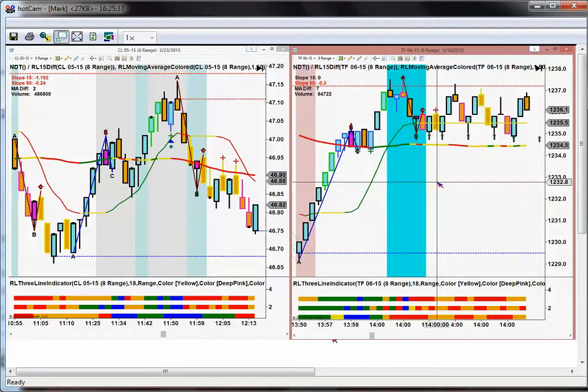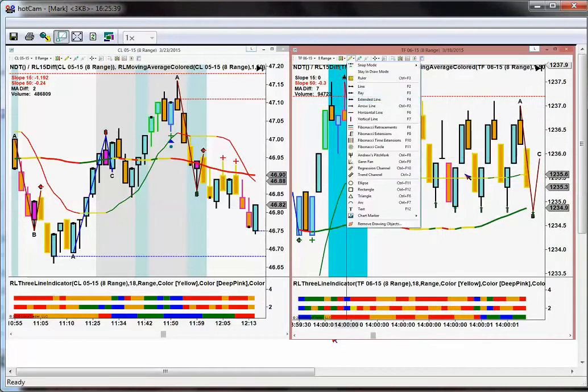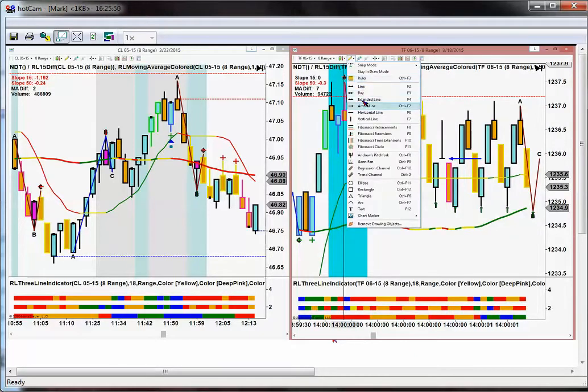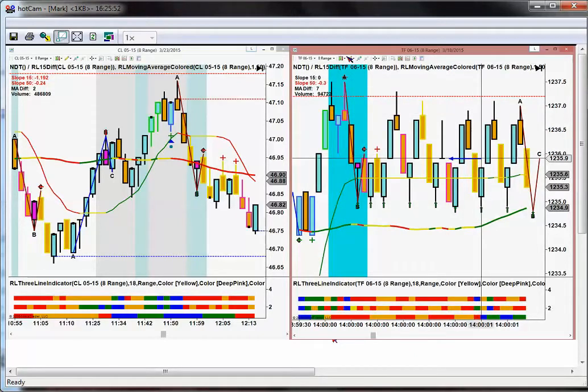But here, this is a modified form of a doji, and basically what this is telling you is that the candle opened here, and the candle closed here.